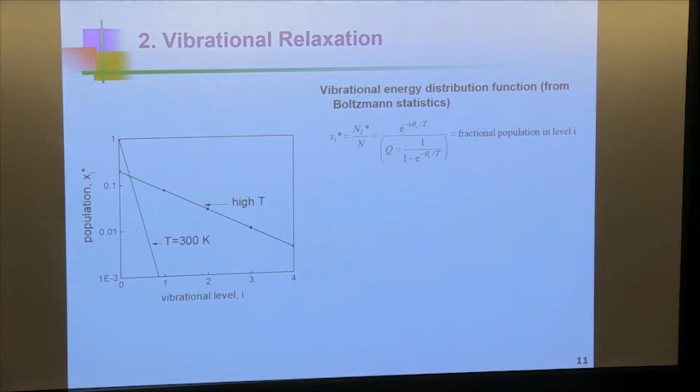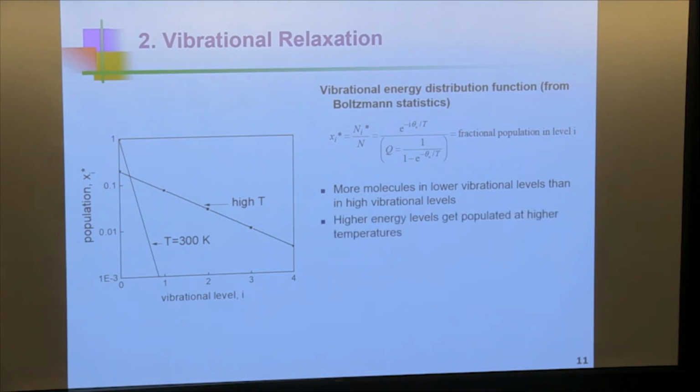But the vibrational temperature takes time because you have to have highly energetic collisions to populate these excited states. So there's more molecules in the lower levels than in high, but when you heat the temperature, it has to adjust. Boltzmann tells us that if we know the temperature, that's the distribution. So the question is, how do you populate levels 2, 3, 4, 5?